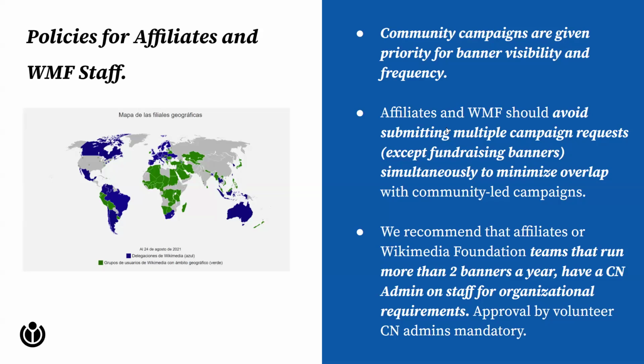With updating our usage guidelines, we also include a paragraph with a policy for Wikimedia affiliates and foundation staff, which reads as follows, that community campaigns are given priority for banner visibility and frequency.